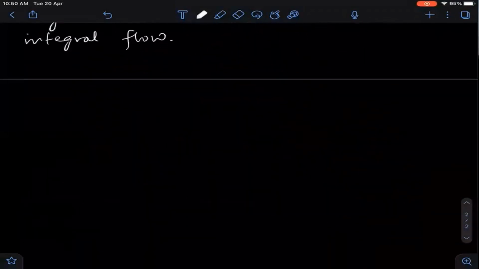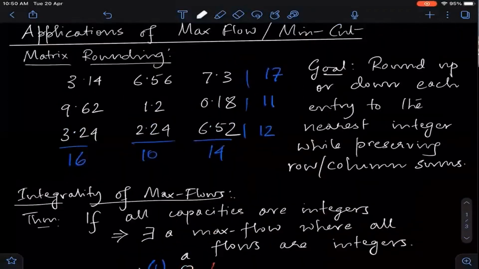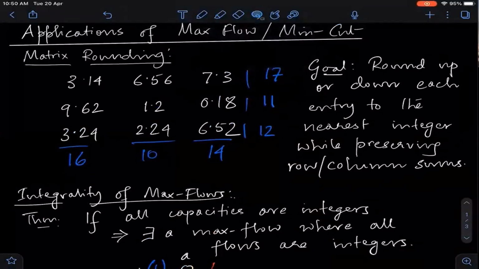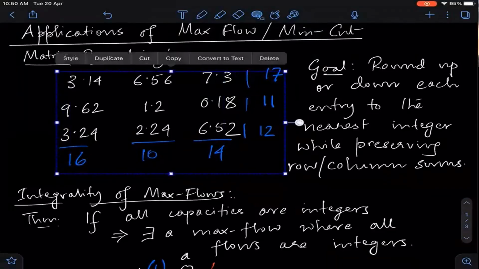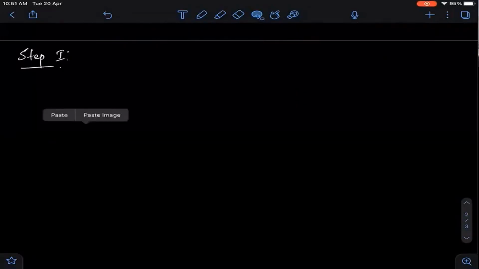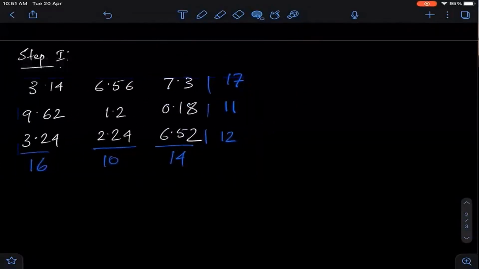Okay, so the first step would be to do a transformation. Step 1 would be to do a transformation. Okay, let me copy this thing. Okay, great.